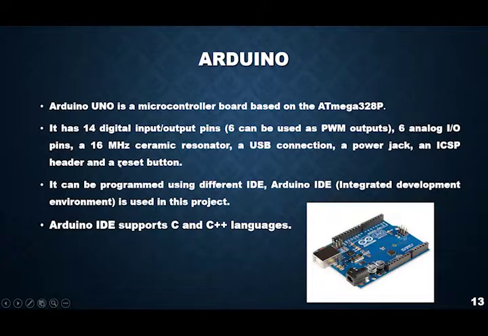So these are all the qualities of the Arduino Uno board. It can be programmed using different IDEs, and the Arduino IDE is used in this project. The Arduino IDE supports C and C++ languages.